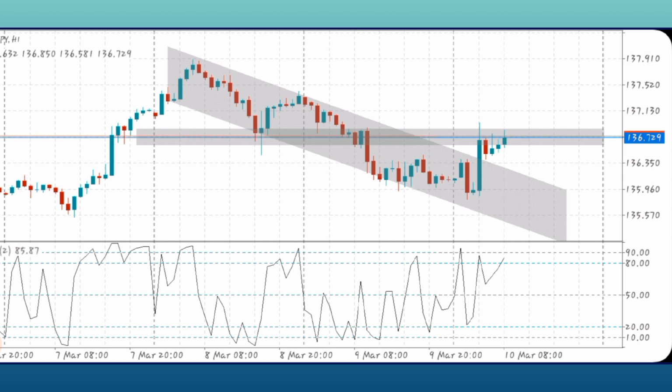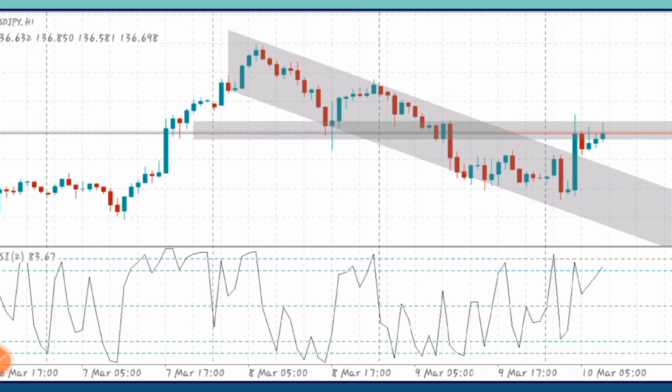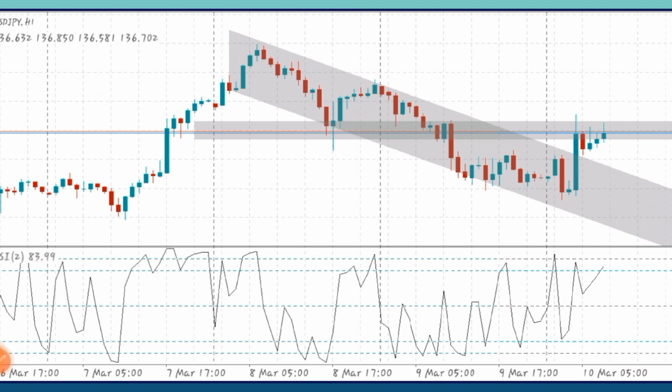Now trust me, my RSI is approaching the overbought, and this was initially a downtrend. This was a downtrend, and then you have this reversal movement trying to hit the previous high.